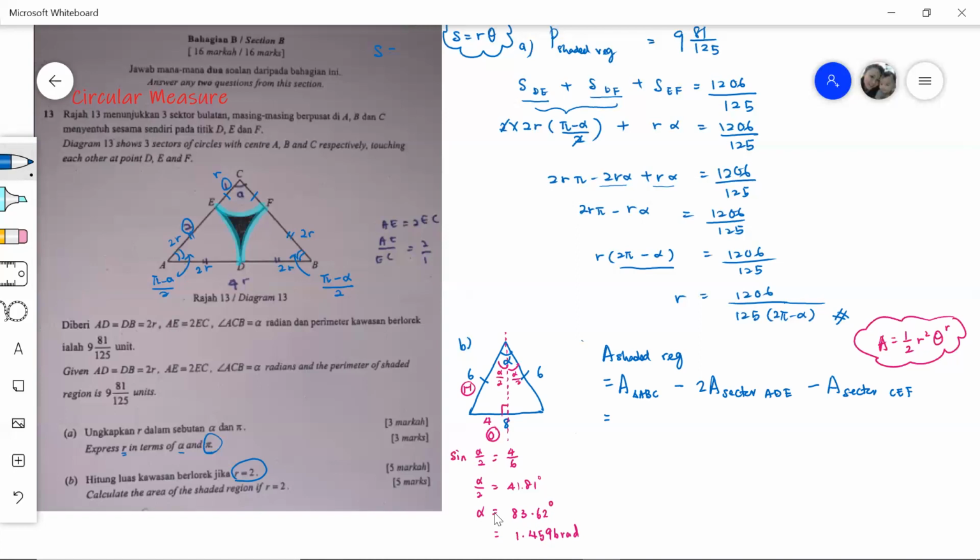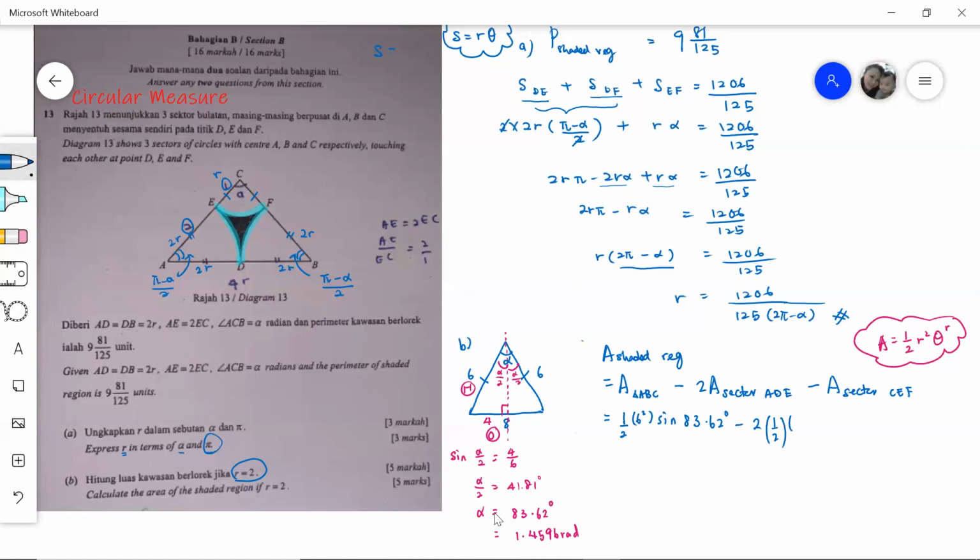So now with this, we can put into our working. The area of the triangle is half AB, which is 6 times 6, so 6 squared, sine C, sine 83.62 degrees, minus twice of half r squared.